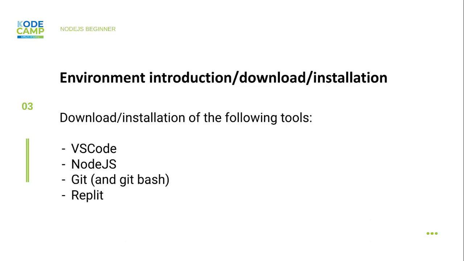I think Git Bash still exists, so you can use Git Bash for Git. And people also ask, what is Git? Git is a version control technology. It helps you track different versions of your files.